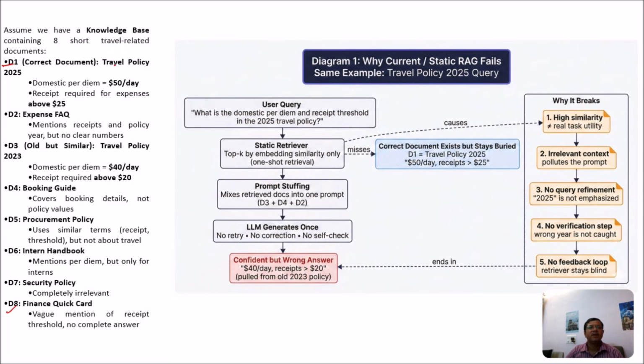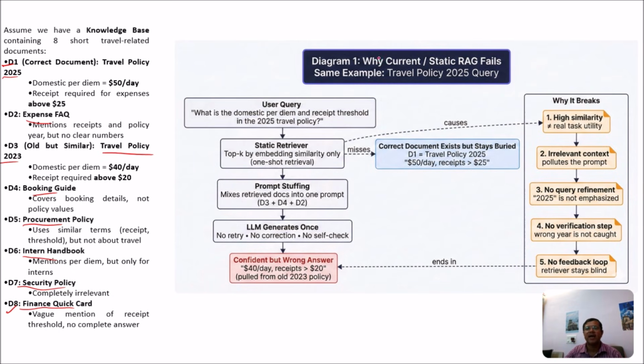The document D1 is a travel policy related to 2025, D2 is an expense FAQ, D3 is the same travel policy but 2023. D4 is a booking guide, then procurement policy, intern handbook, security policy, finance quick card. So such kinds of policies generally a company maintains in documented format.